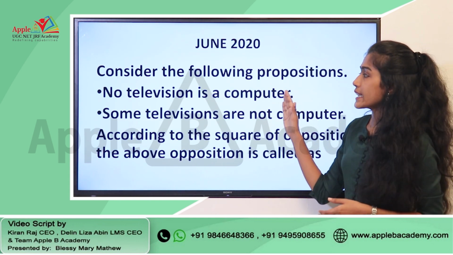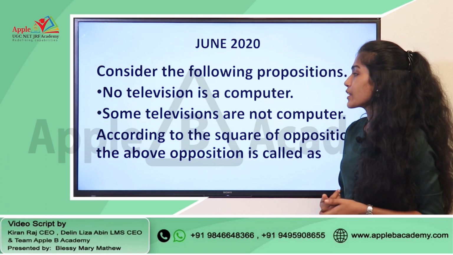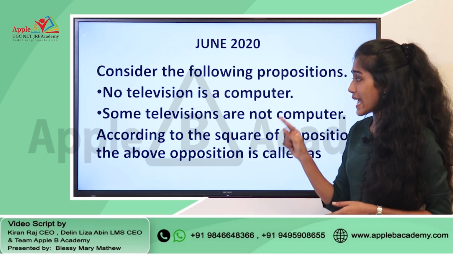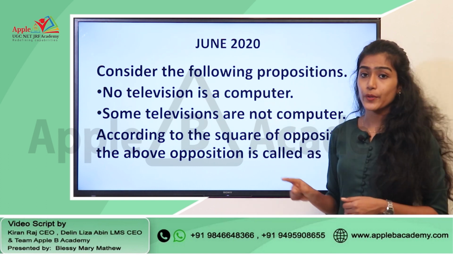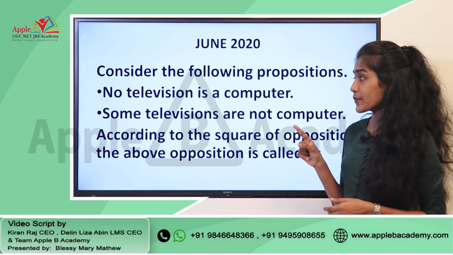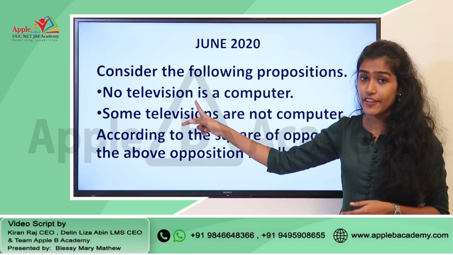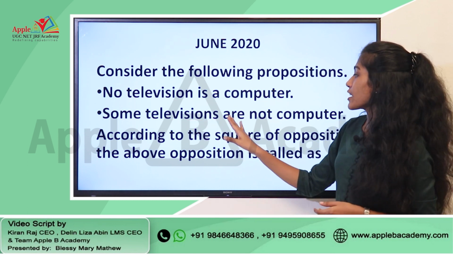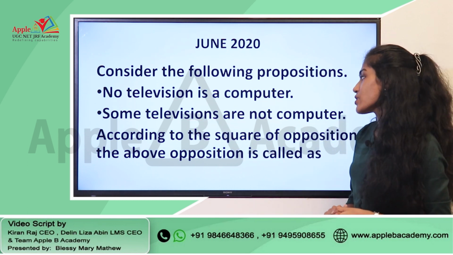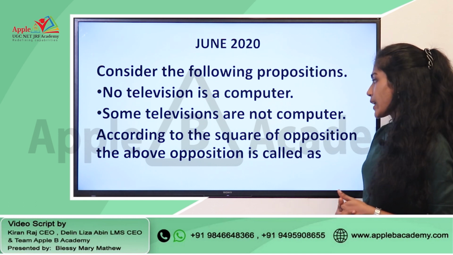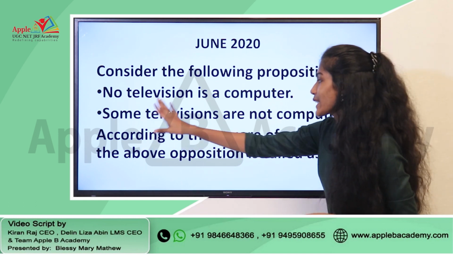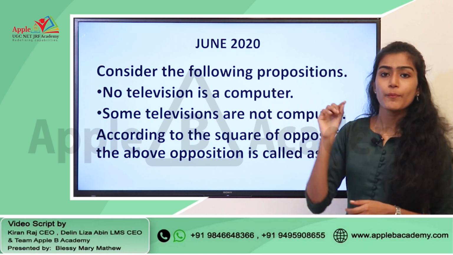So if you consider the propositions given here, the first proposition is: no television is a computer. So this is a universal negative proposition, right? And if you consider the next one, some televisions are not computers. So that is a particular negative proposition.